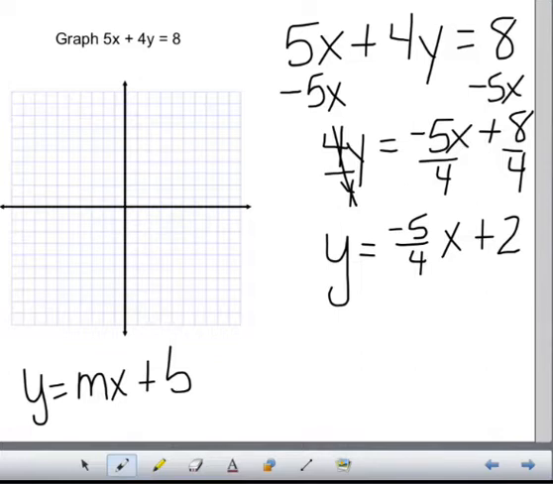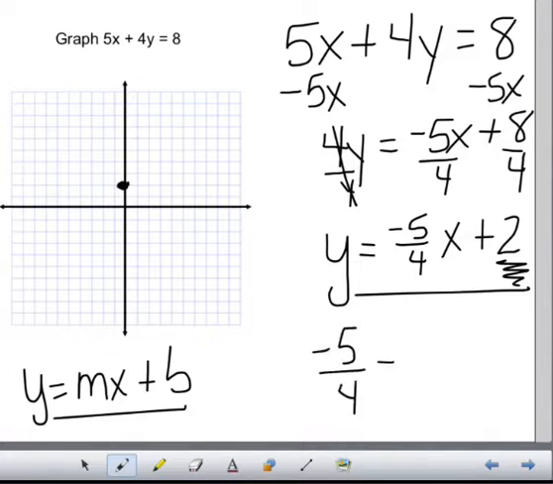Am I in slope-intercept form? Y equals mx plus b. Yes. Now this is so easy to graph. My y-intercept is 2, so I'm going to go up to 2 on my y, and then my slope is negative 5/4. Negative 5 is my rise, 4 is my run.